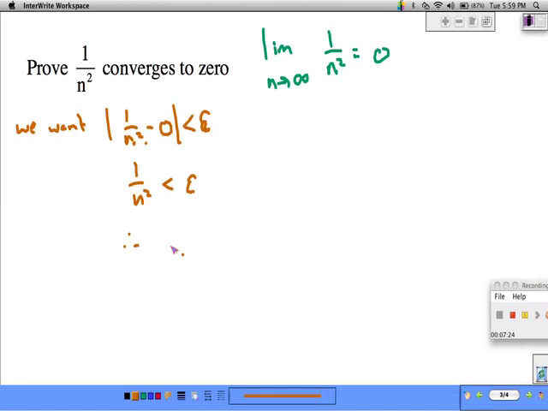Therefore, we want n to be bigger than 1 over the square root of epsilon. So we're going to choose m to be that 1 over square root epsilon again. And then it's time to do our proof.